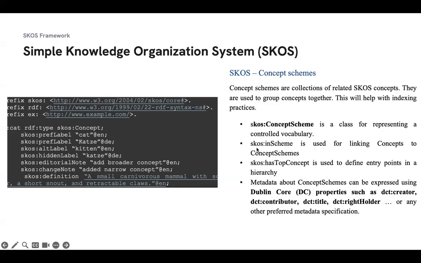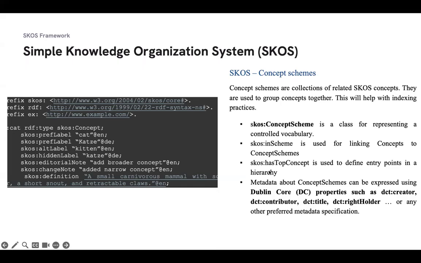Then concept scheme. This is used for defining what the controlled vocabulary is. At the beginning, this is not the particular image that's supposed to be here, but when you are creating the vocabulary, there are schemes that refer to the class which the vocabulary is related to, right?